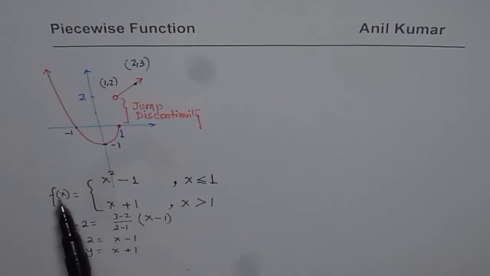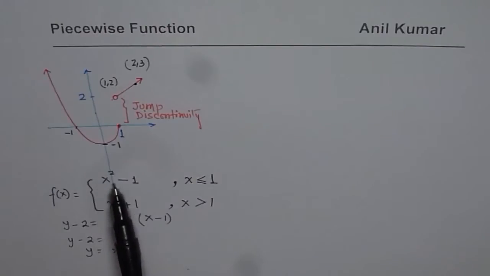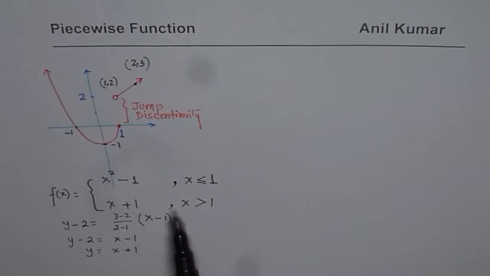We are saying f of x: on the left side of x equals 1, including 1, the function is a parabola, x squared minus 1, and on the right side it is x plus 1, whenever x is greater than 1.